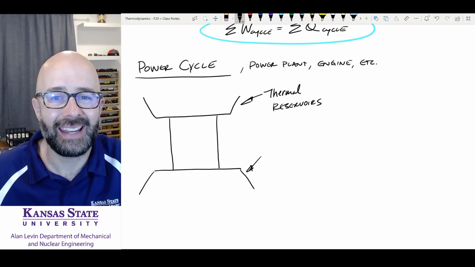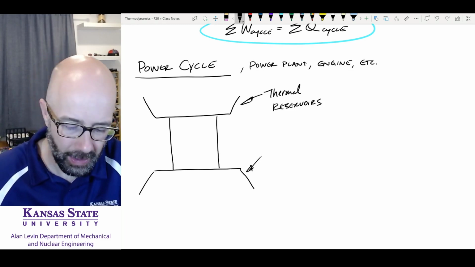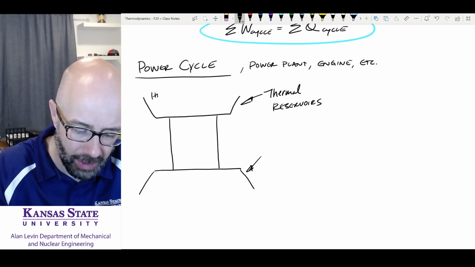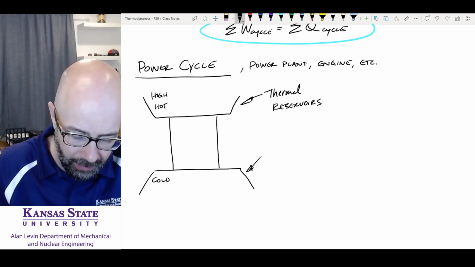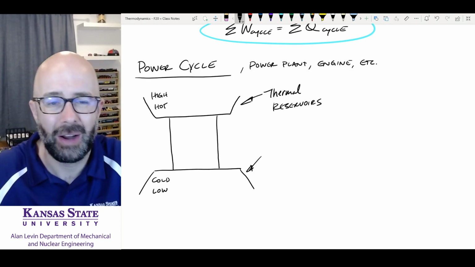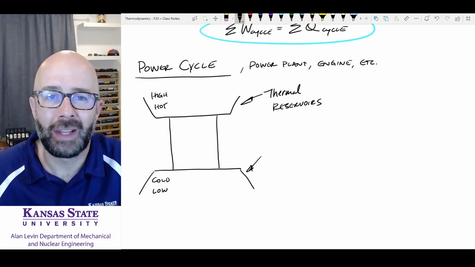And what we're saying is it is going to be a place of constant temperature. So the one up here is going to be a high temperature reservoir or a hot reservoir, and the one at the bottom is going to be a cold or low temperature reservoir. Now, when I say cold, I mean it's cold relative to the hot temperature.